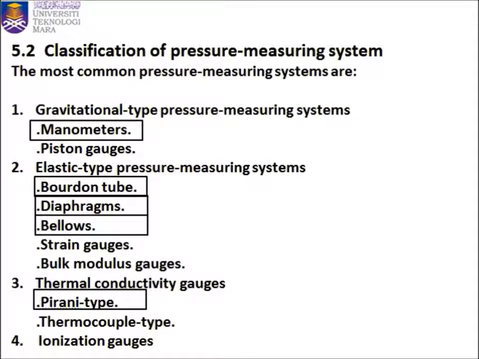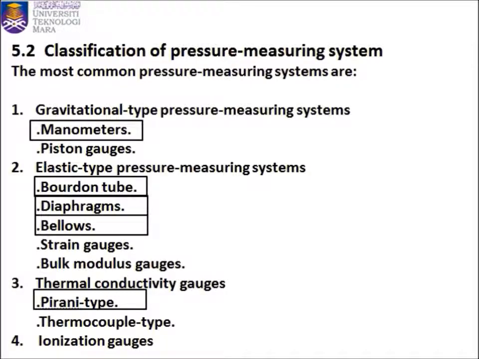Next, we move to the classification of pressure measuring systems. The most common pressure measuring systems are, first, the gravitational type pressure measuring system, for example manometers and piston gauges. The second type is the elastic type pressure measurement system.